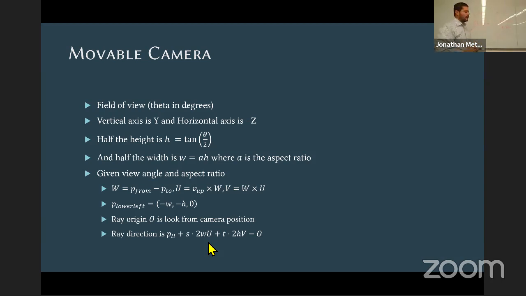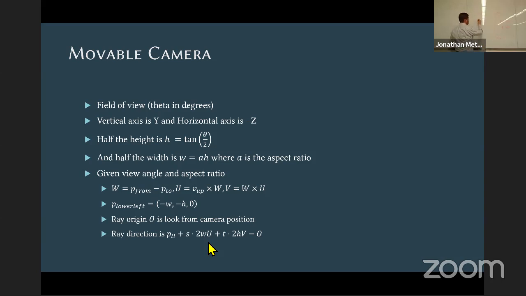So let's say we want to tilt the camera. If we tilt the camera, part of the look-at matrix is going to calculate our new vector.